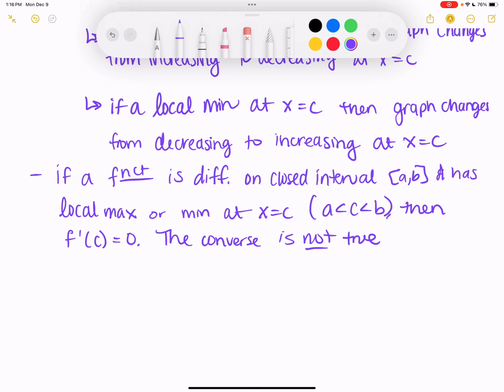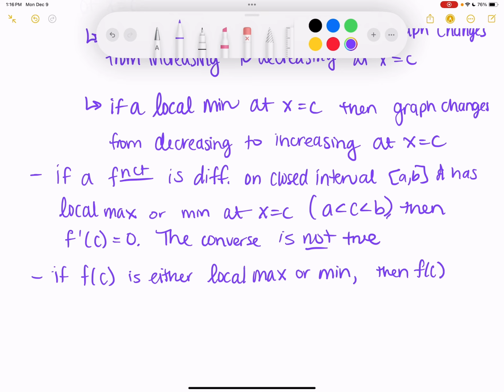If f of c is either a local max or min, then f of c is called a local extreme value or local extremum.